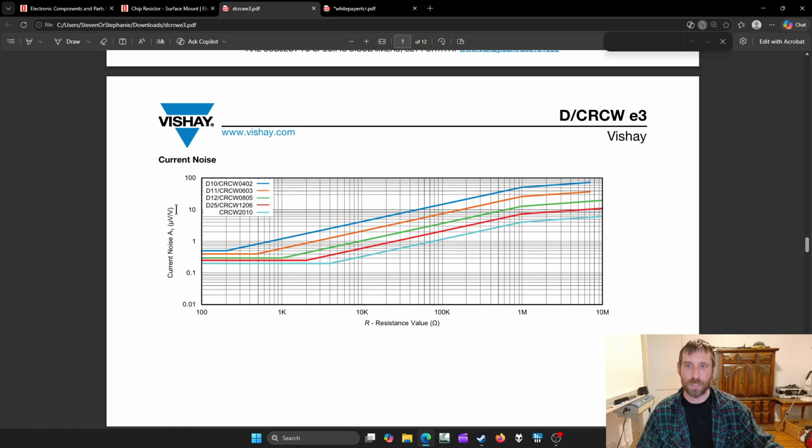So if we have 5 volts across that resistor, we're going to have 10 microvolts worth of noise. Once again, for most applications, that is way too small for me to care about. But for the hardcore analog guys, maybe the audio guys, this is of interest. So you want to keep that in mind.